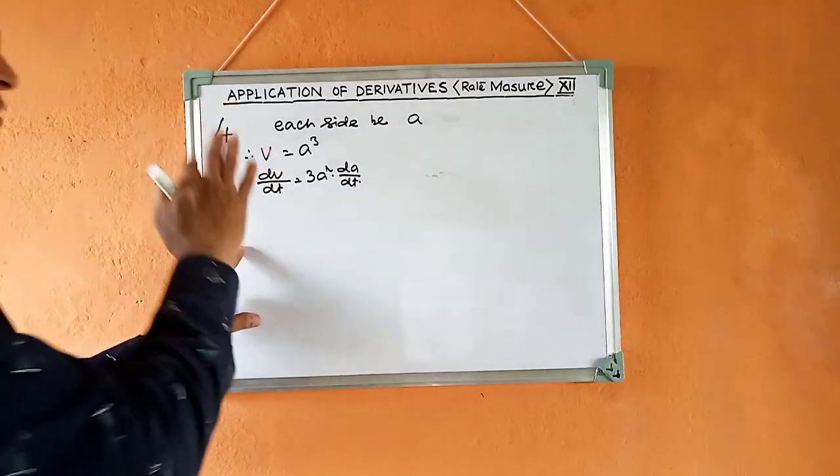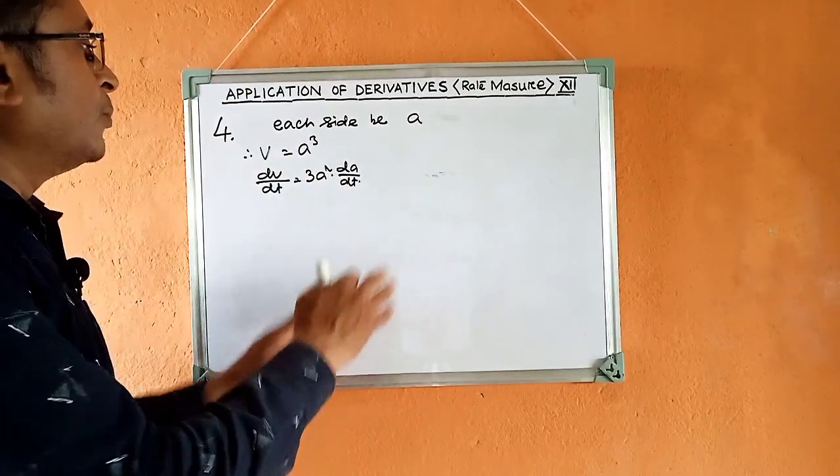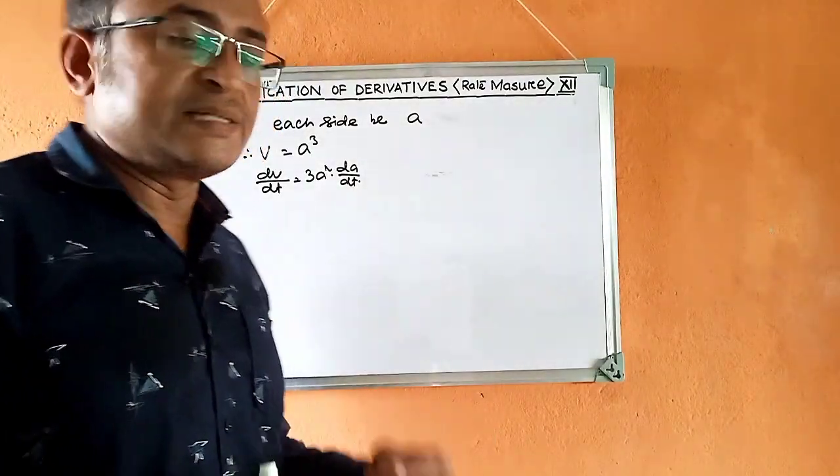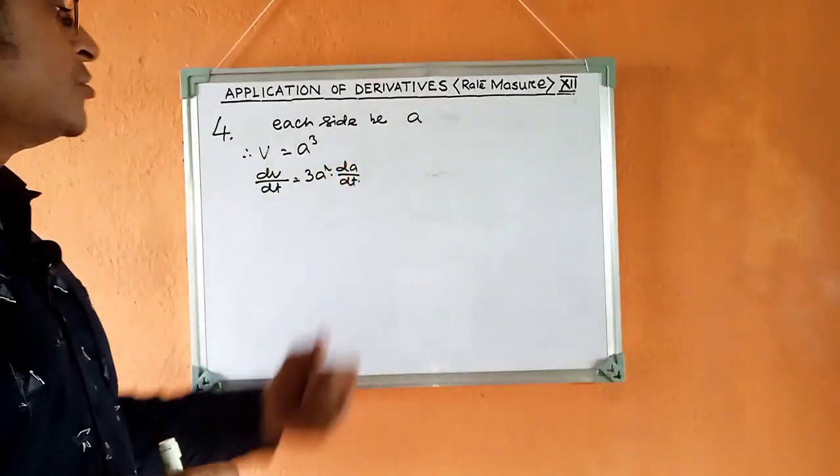I repeat, V = a³, each side of the cube is a, so dV/dt = 3a² da/dt.